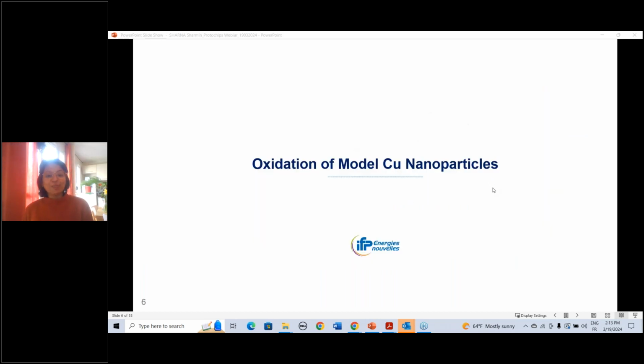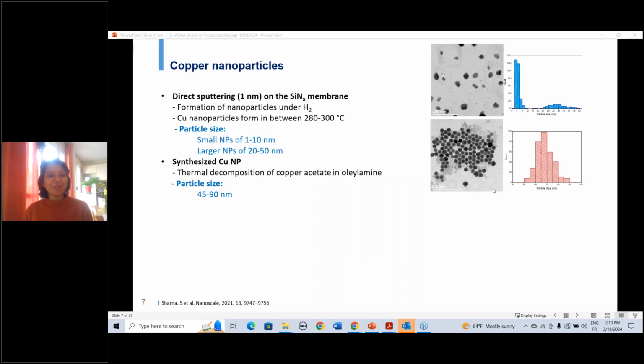Now, the model system that we have, how does it look? We have produced the copper nanoparticles in two different ways. One is by producing a thin film on the silicon nitride membrane, directly depositing via magnetron sputtering a 1 nanometer thick copper layer, and then forming the nanoparticles under hydrogen inside the microscope.